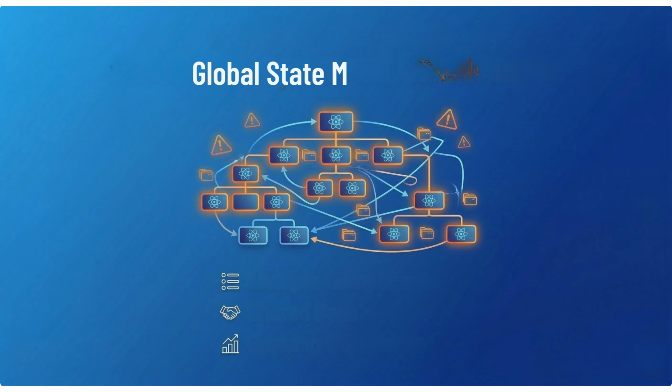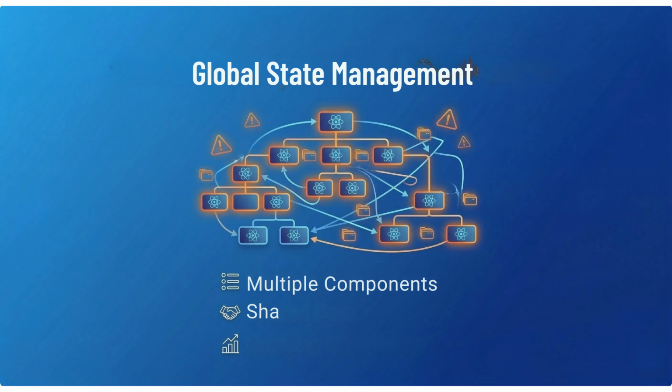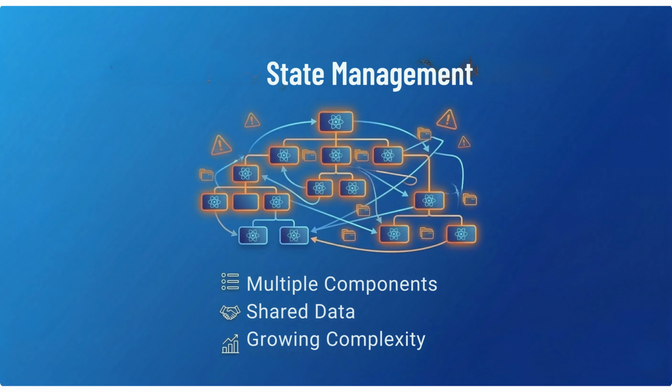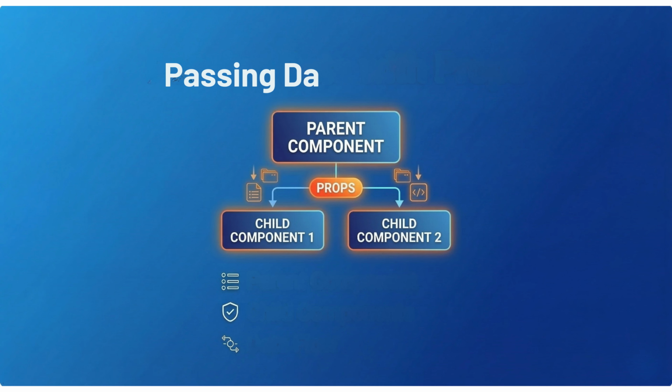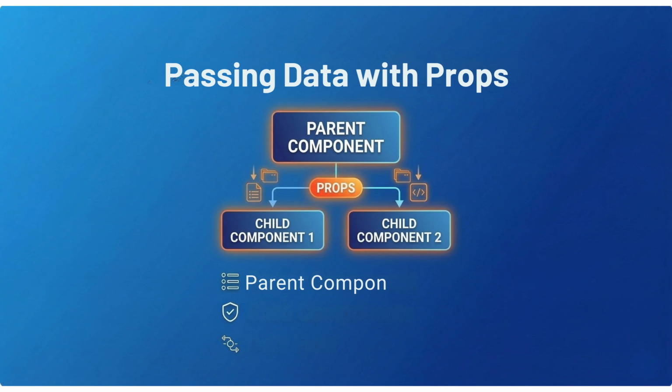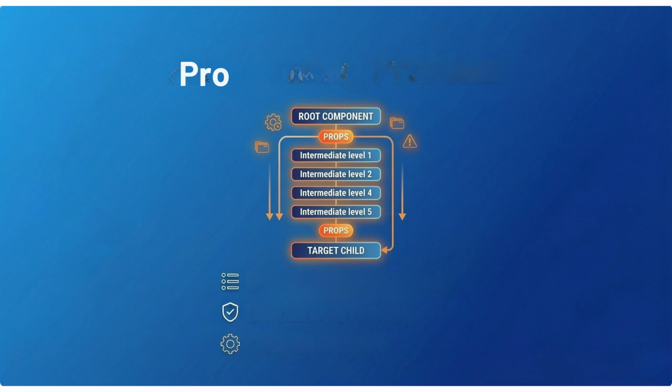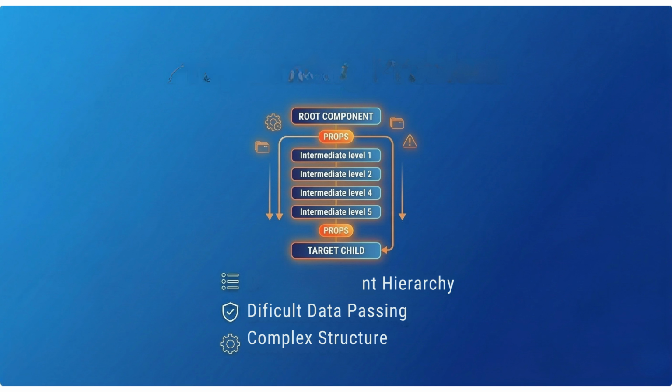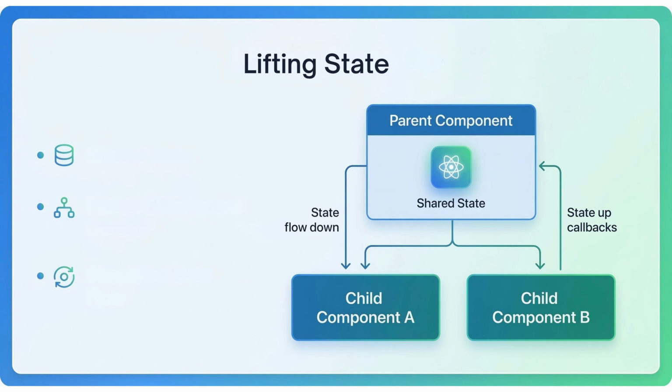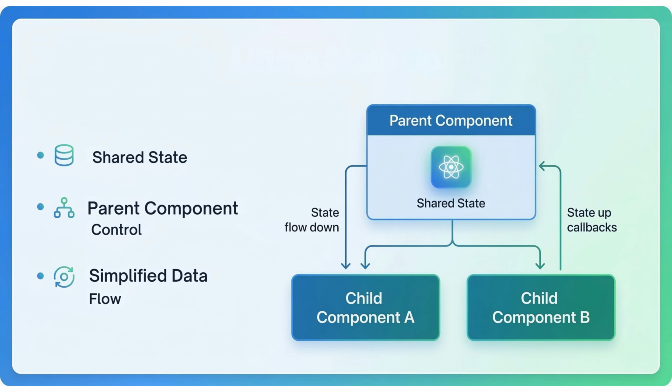Global state management. As applications grow larger, managing state across many components becomes more difficult. In simple cases, we pass data using props. But in larger applications, this approach can become complicated. One technique is called lifting state up, where the state is moved to a common parent component.